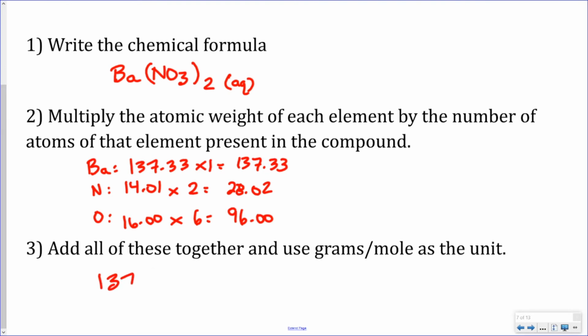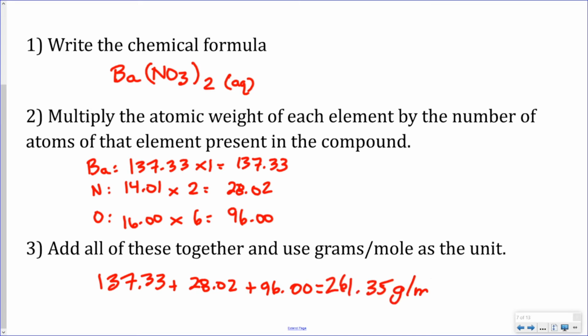So we have 137.33 plus 28.02 plus 96.00, and when we add those up, we get 261.35 grams per mole. And that is our molar mass of barium nitrate.